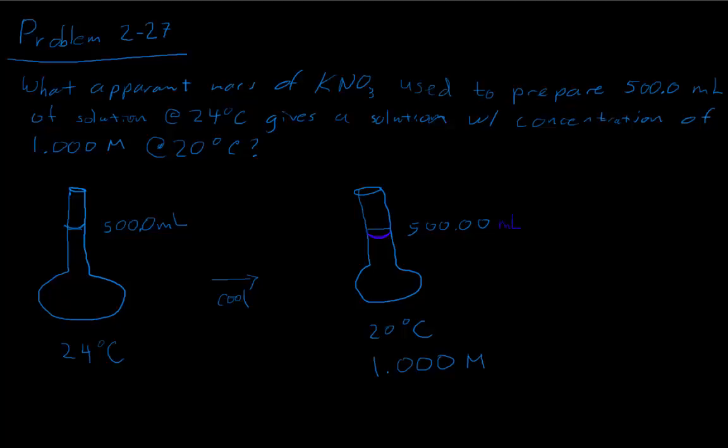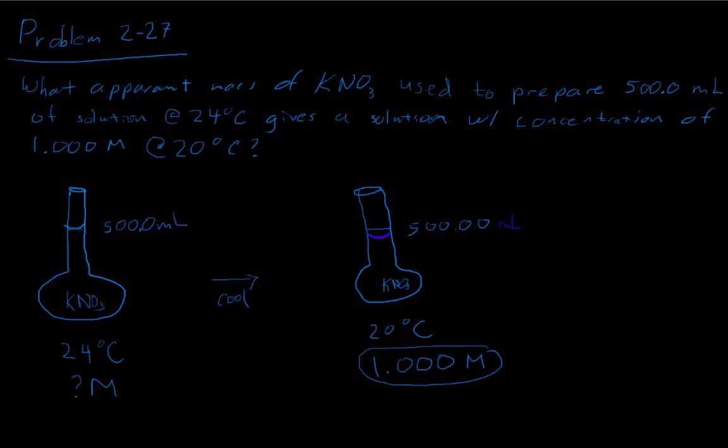All right, so that means what? How does this concentration right here compare to this concentration over here? The volume has changed. The same number of moles of KNO3 are in both flasks, so the moles of solute has not changed, but the volume has changed, and so that means that the concentration has changed.